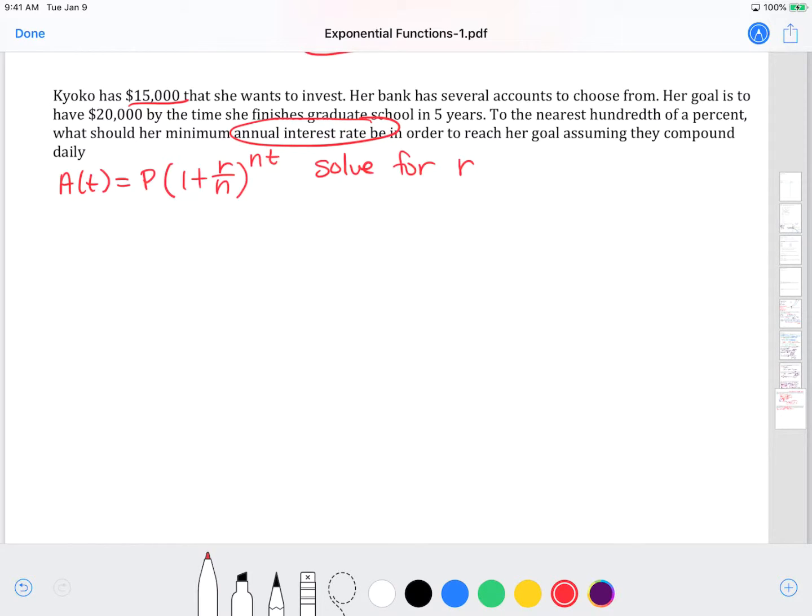So that's my principal. What she wants to have, her goal at the end, is $20,000. So that's what we're going to put down for our accumulated value, $20,000. She's going to graduate in 5 years, so she wants to have this in 5 years. So T is going to be 5.